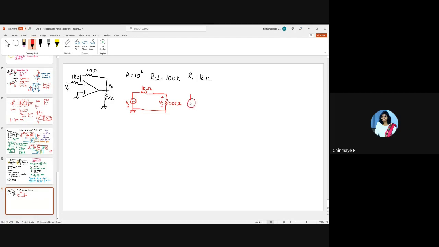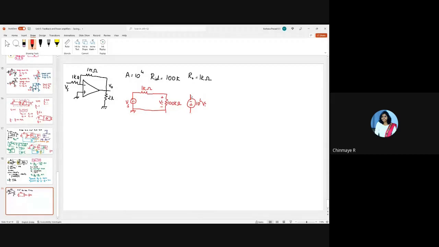So op-amp is a voltage amplifier. Here it is inverting. So you understand now why I wrote a minus on top and why I wrote a plus here, because this is an inverting amplifier, right? So this will be 10 power 4 times Vi, because A is 10 power 4.